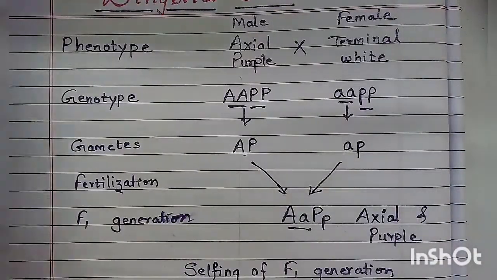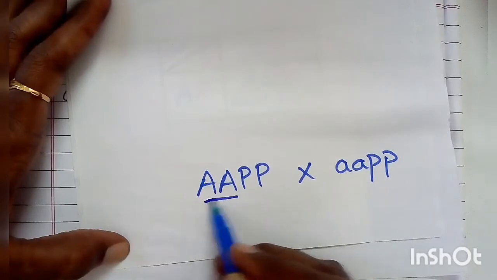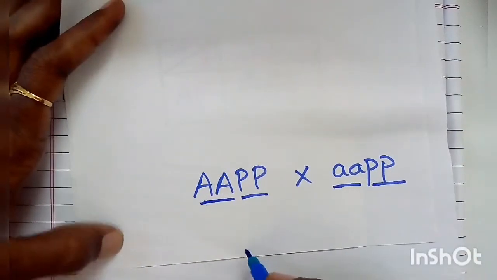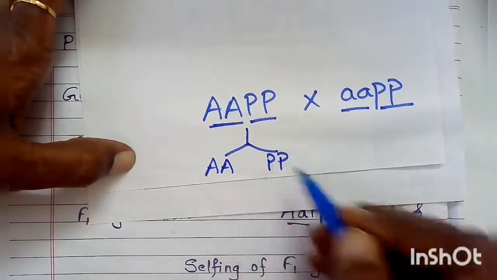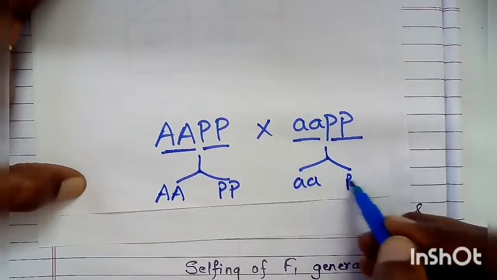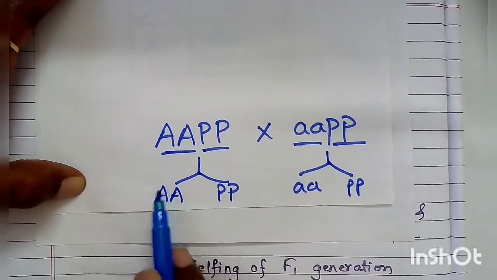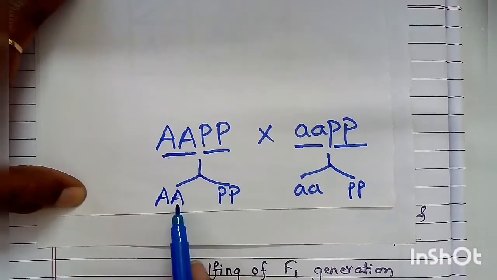But sometimes what happens, some of the students during gamete formation get confused, and instead of taking both the characters, they sometimes choose gametes like this: capital A, capital A, capital P, capital P. But this is a wrong method, because capital A represents only one trait.